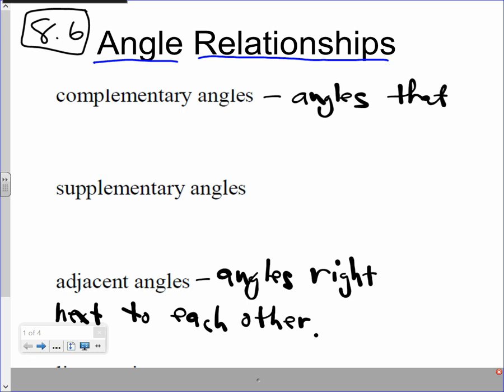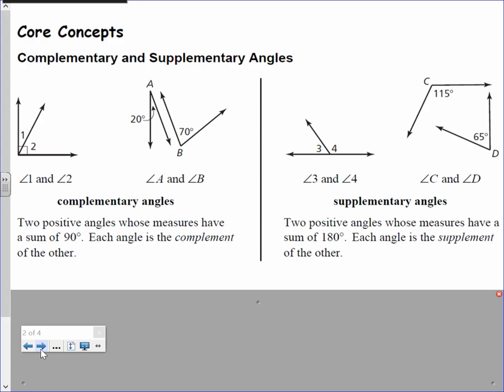Angles that add to 90 degrees. I'm going to put that. Simple, straightforward, nothing more, nothing less. Complementary angles. Do we have a picture of complementary angles? We sure do. Look at the bottom of your paper.